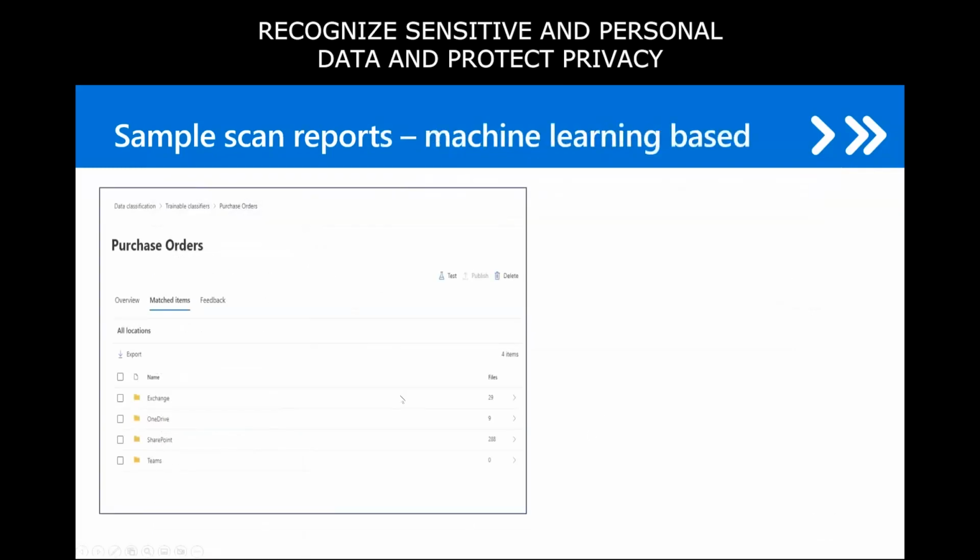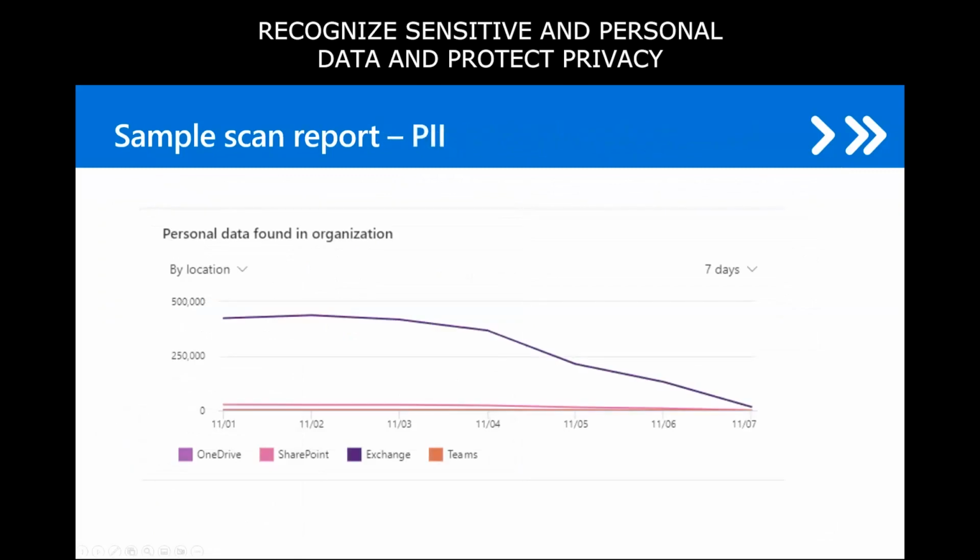This is another scan report, from a machine learning base. It's similar, but it's purchase order based. Once you have trained your classifier, it will scan and identify that information, and list where it has found those types of purchase orders. This is another scan report for PII, showing which locations the PII is mostly in.